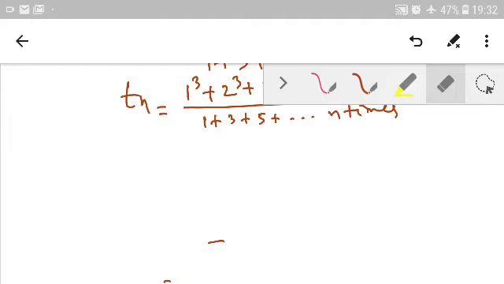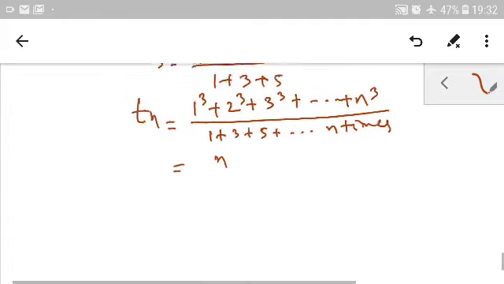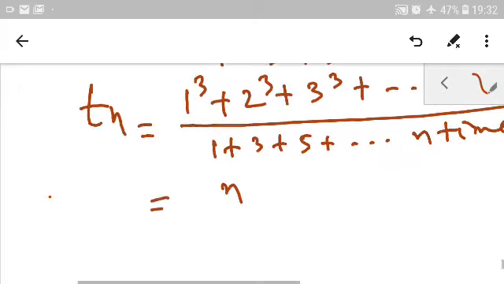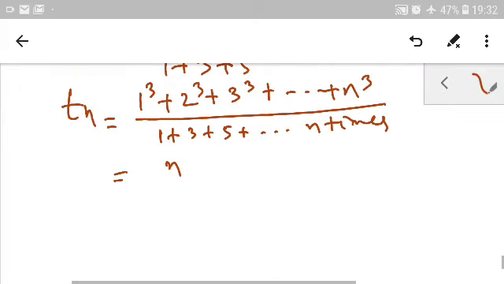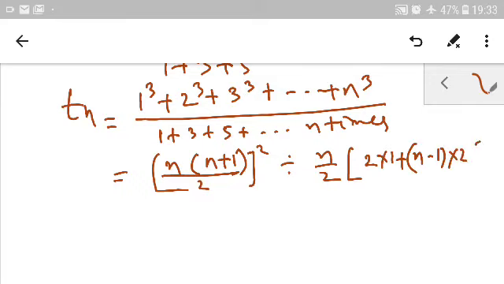Look at this. The sum formula is n into n plus 1. I repeat, the formula goes like this: n into n plus 1 by 2, its whole square, divided by the sum of n terms of the AP, that is n by 2 whole into 2a, that is 2 into 1, plus n minus 1 into 2, right?